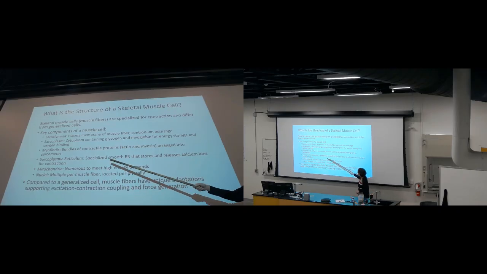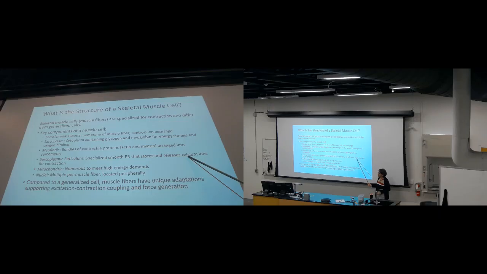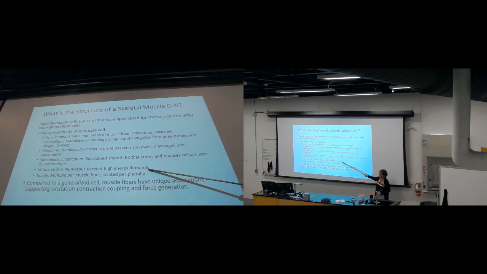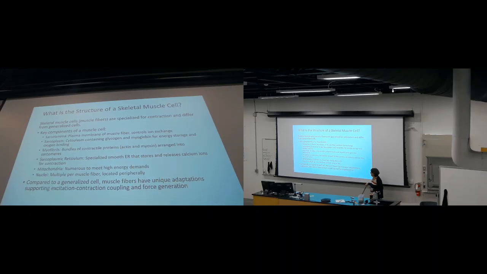And then we have the sarcoplasmic reticulum, which is a smooth ER that stores and releases calcium to allow the contraction to happen. We have numerous mitochondria because we need a lot of energy for contraction. And we have multiple nuclei per cell, located in the periphery. Why? Because you have to have the middle free for allowing the contraction of the actin and the myosin.